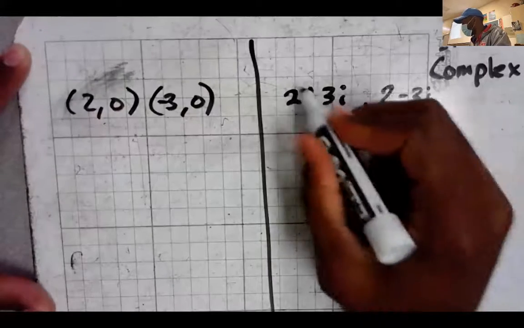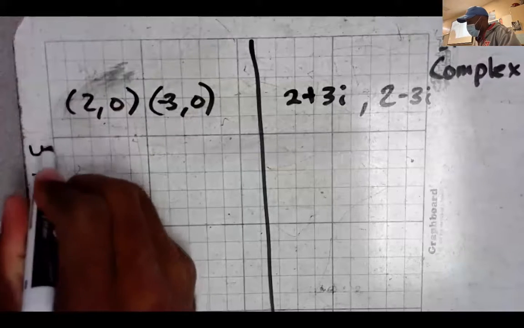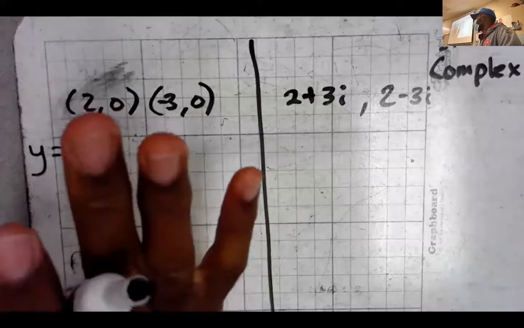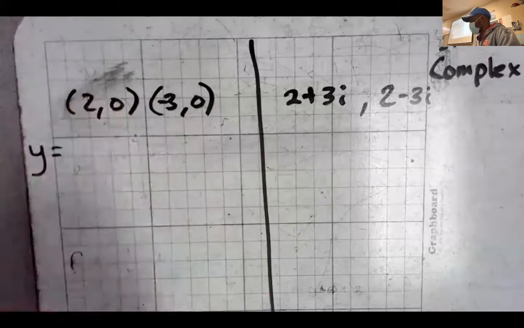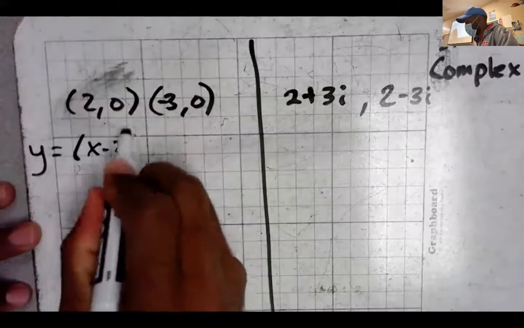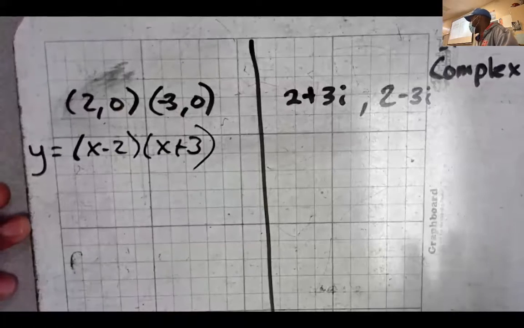Okay, as our roots. So if I do this example, y equals, we're not even going to worry about the stretch factor. Let's not put in the a value. We'll just do a possible equation. So here would be x minus 2 and x plus 3, right? And then you would multiply that out.